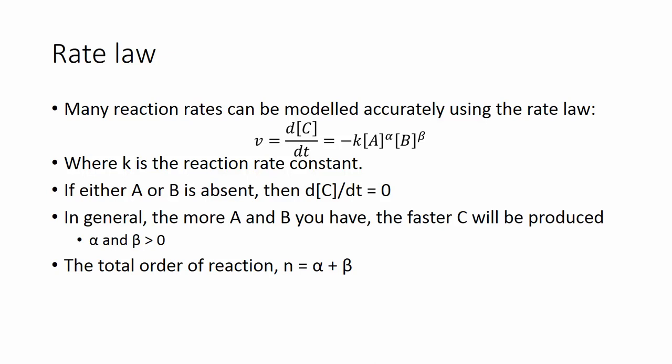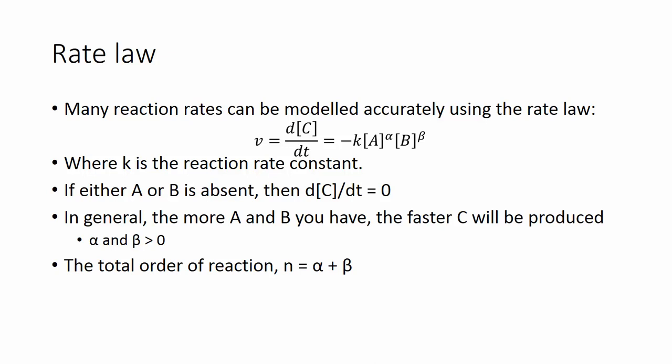Many reaction rates can be modeled accurately using the following rate law, where we have the rate dC/dt equal to k times the concentration of A to the exponent alpha times the concentration of B to the exponent beta, where k is our reaction rate constant.